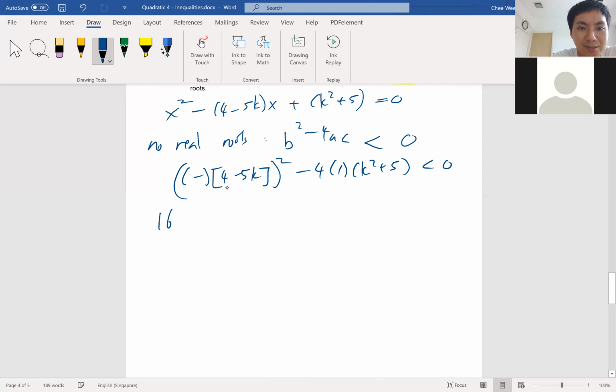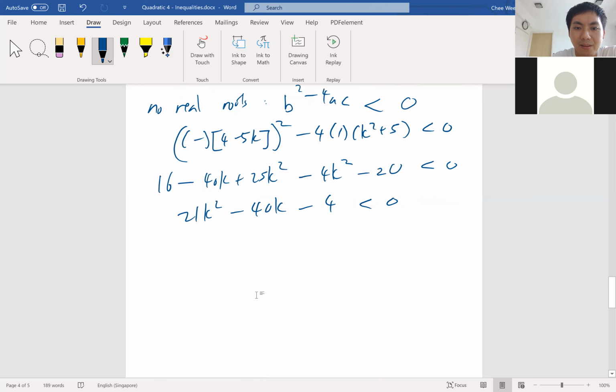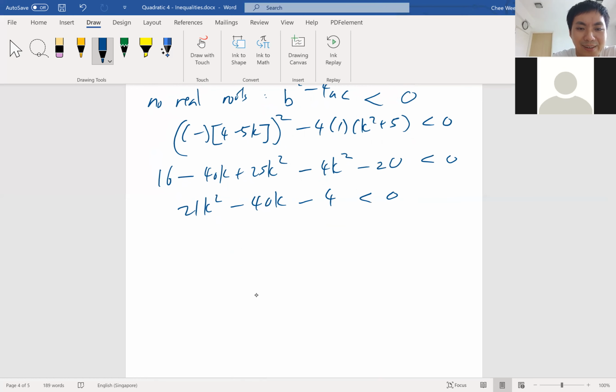So you have 16 minus 40k plus 25k squared minus 4k squared minus 20 is less than 0. 21k squared minus 40k minus 4 is less than 0. Okay? So assuming this is factorizable and everything, we will sketch the curve, right?